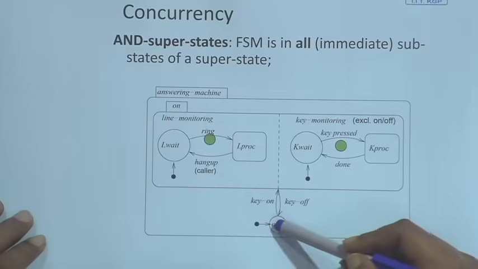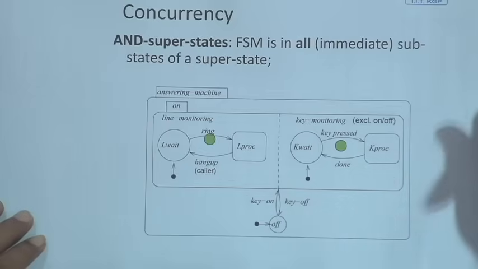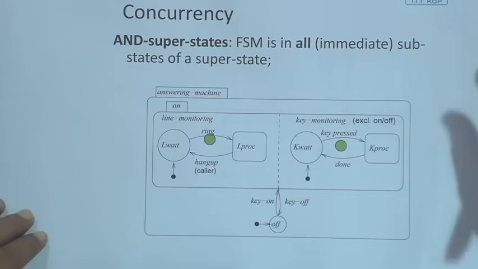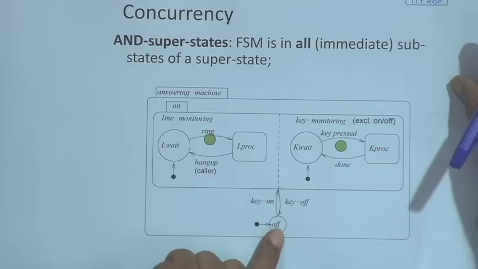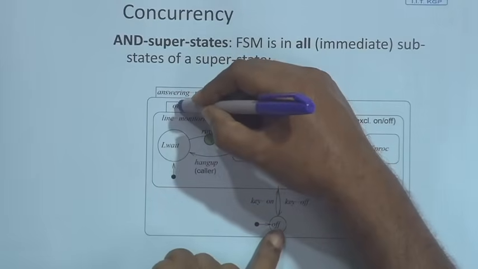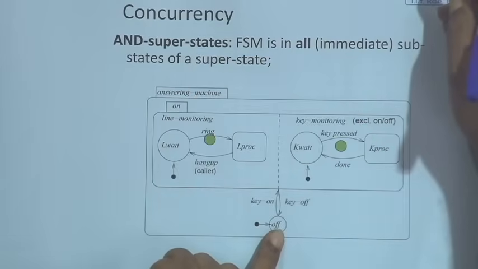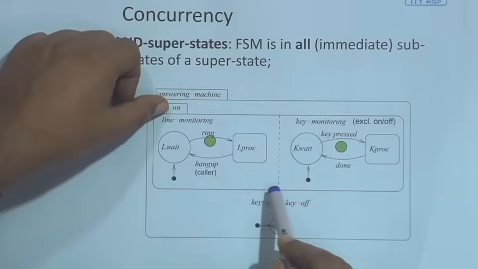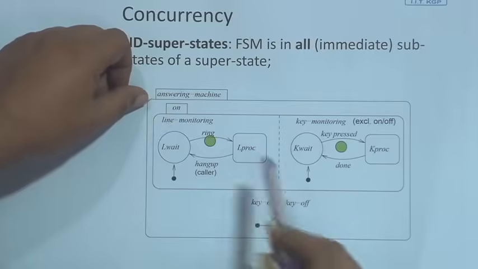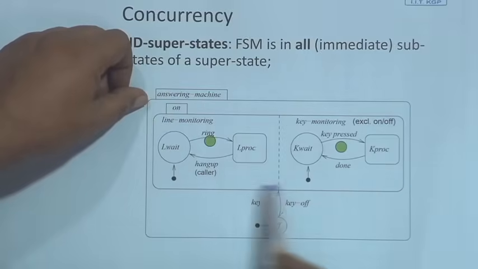So, off and on, are these AND states or OR states? These are OR states, because I am either in the off state or in the on state. When I entered the on state, because I have put the key on, then this is the behavior.